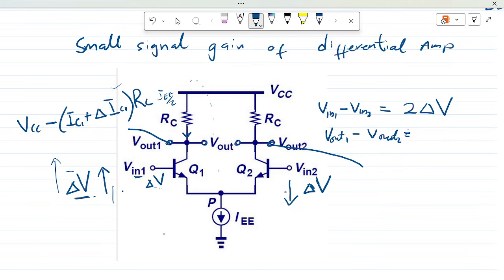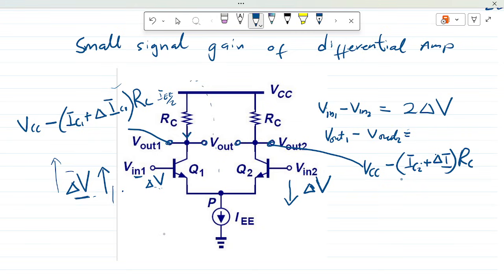So for the output not to reject the changes in the input, they should be differential signals, which means the output on the other side is going to see VCC minus, once again, IC2, which should be equal to IEE over 2 plus some small change, times RC.